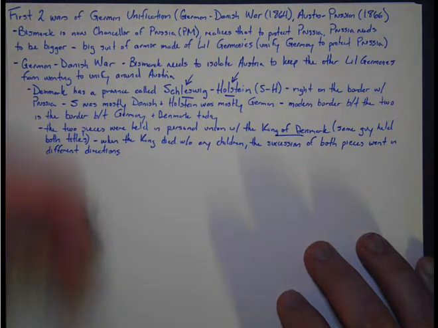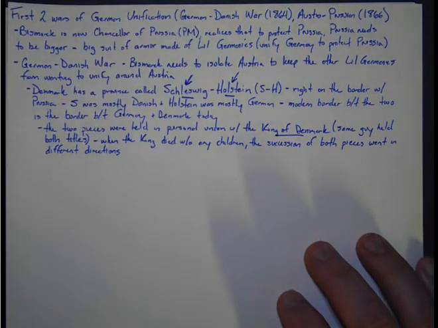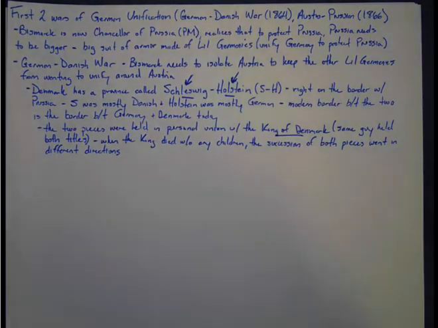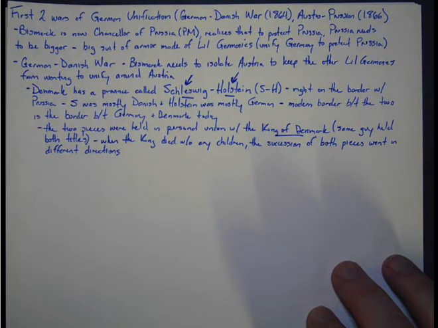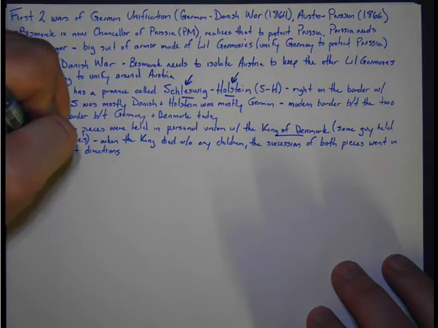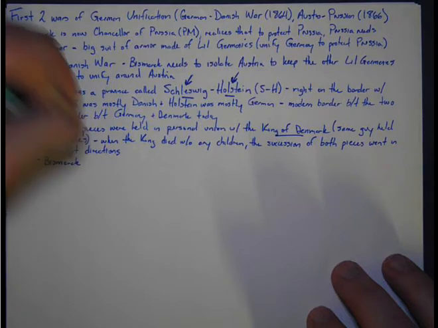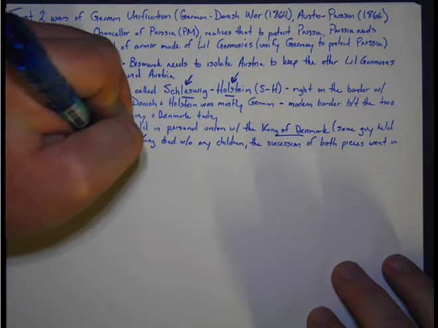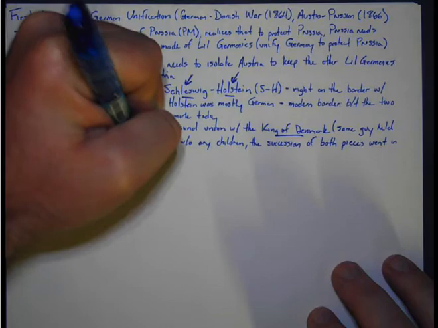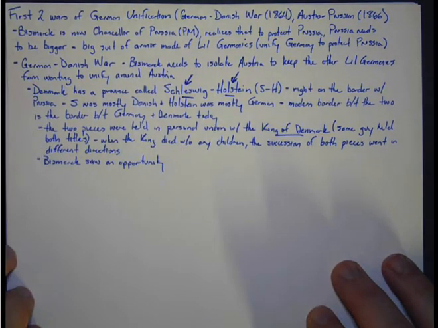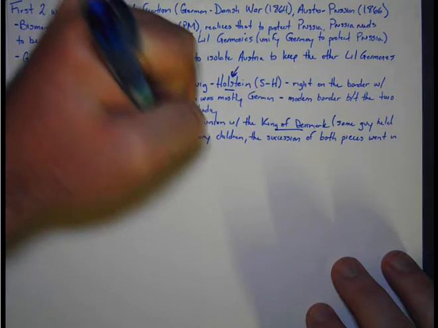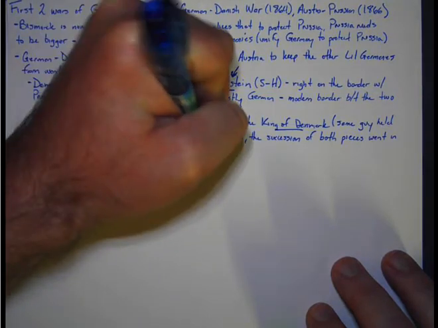So the King of Denmark would hold on to Schleswig, and the Duke of Holstein went somewhere else. And so that would break up this union. And this is where Bismarck saw an opportunity to draw the Austrians into a trap.